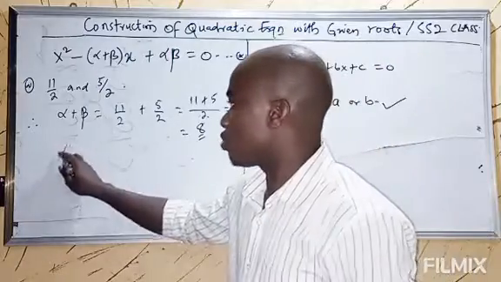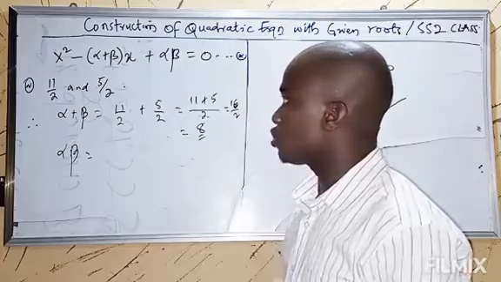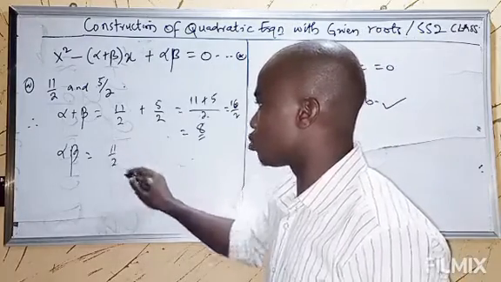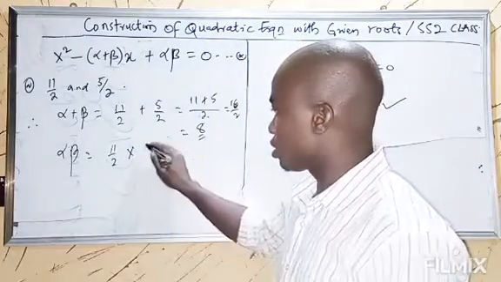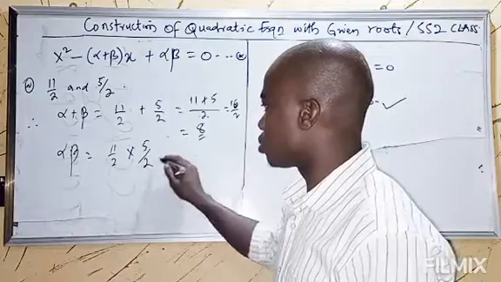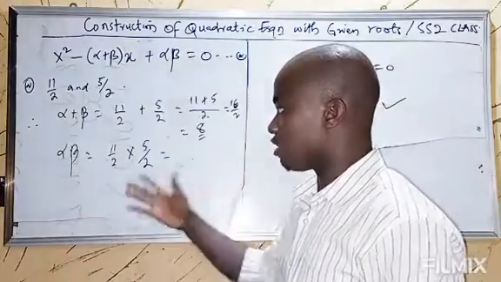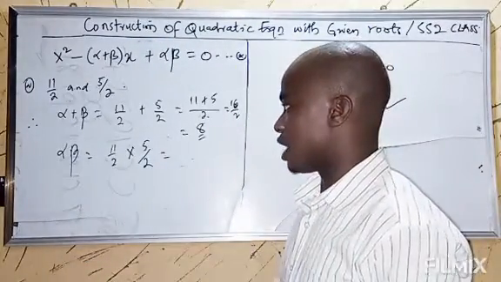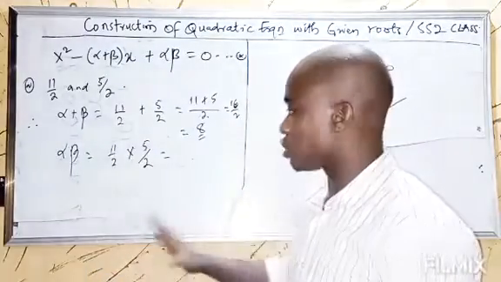Then you look for alpha beta, that is the product of the roots. So we have 11 over 2 multiplied by 5 over 2. Here some students make a mistake by trying to get the LCM in multiplication.